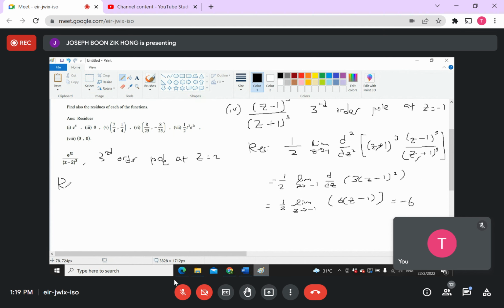So my residue here will be 1 over 2, limit of z approaching 2, and then d square over dz square. Okay, I don't do it like this. I directly cancel each other, because (z minus 2) to the power of 3 and (z minus 2) to the power of 3 cancel. I left only the e^(tz).